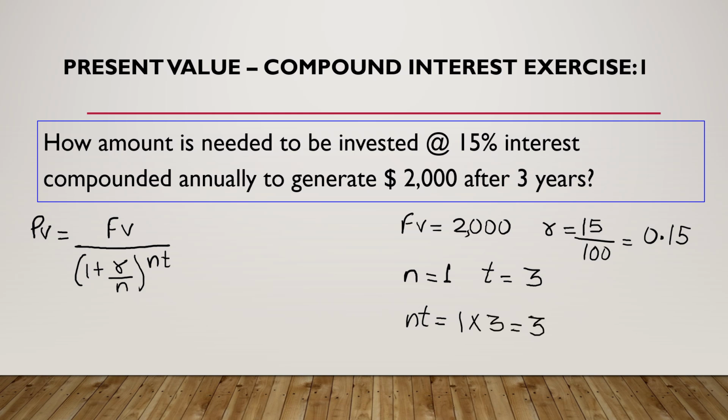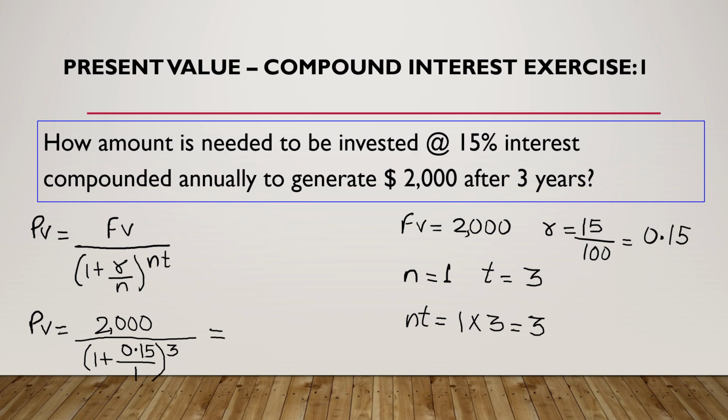Now we will just use the formula again. My present value is equal to, what is my future value? $2,000 divided by 1 plus, what is my rate of interest? 0.15, that is 15%, divided by 1, bracket close, power of nt, my nt is 3.